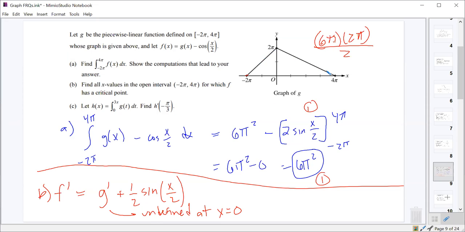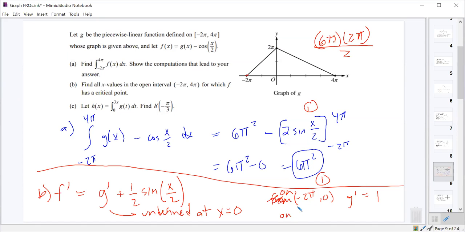And then we have to take a look at what g prime is. Well, g prime changes. On -2 pi to 0, g prime is equal to 1. That's a slope of 1. It's got a rise of 2 pi, a run of 2 pi, slope of 1.